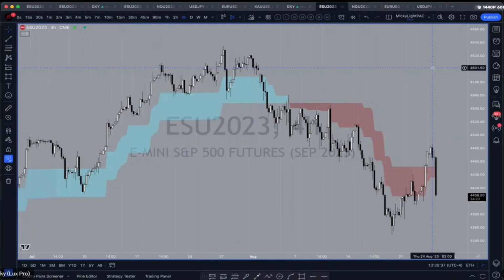And I also use this as support and resistance, such as an order block, right? We use it as support and resistance, retracement, bounce back up or down. I use the Neo Cloud in the same fashion.